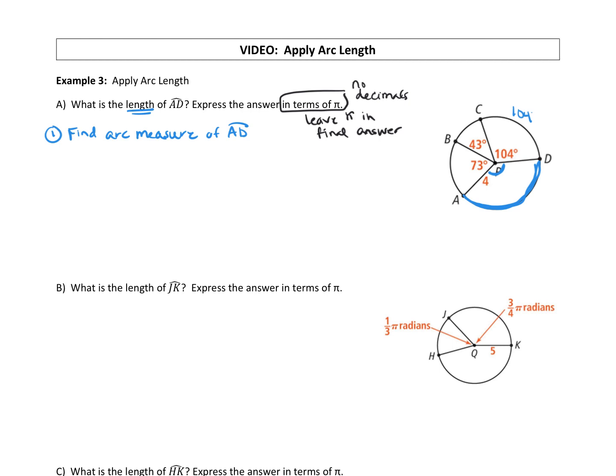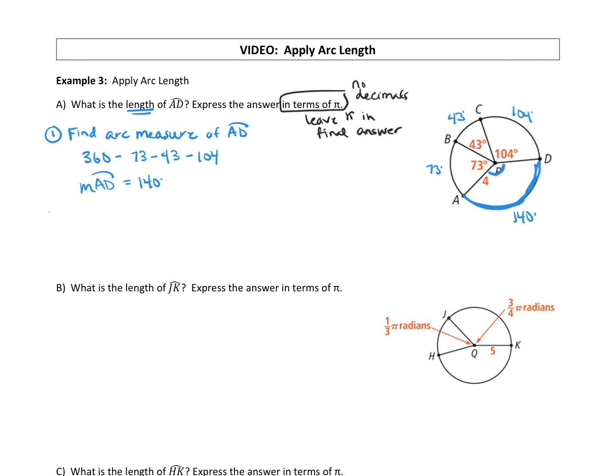So arc CD is 104 degrees, arc BC is 43 degrees, and arc BA is 73 degrees. So the arc we need is 360, the full circle, minus those measures. So we're going to subtract out the 73, the 43, and the 104. And so the measure of arc AD will be equal to 140 degrees. Remember, an arc measure is measured in degrees, whatever your central angle is measured in.